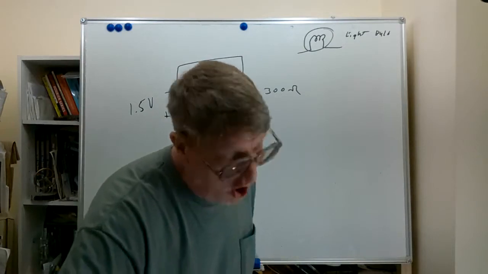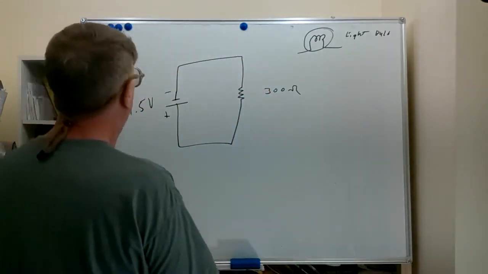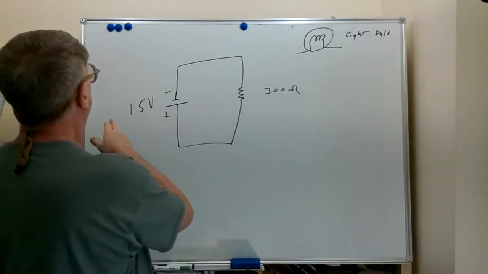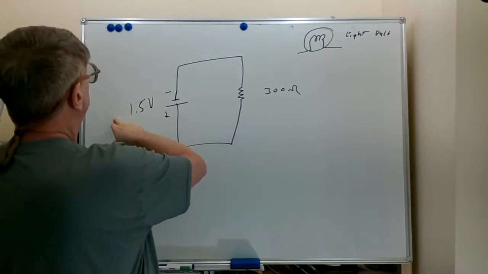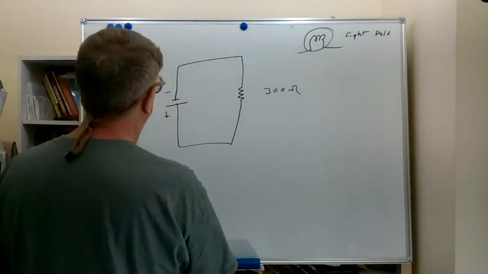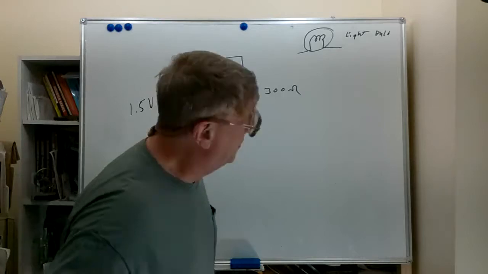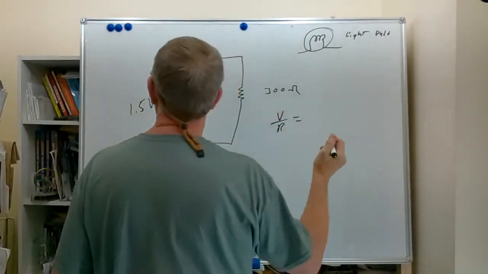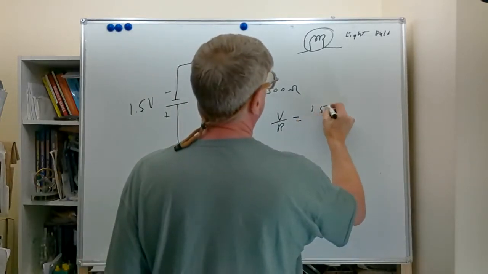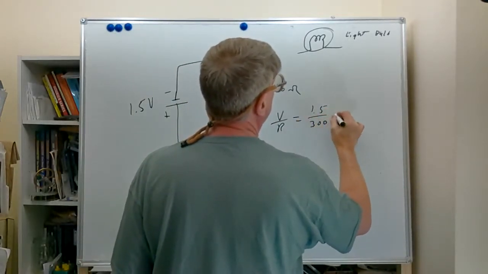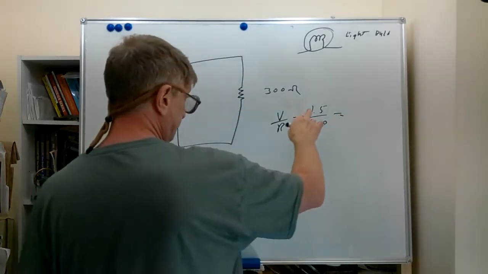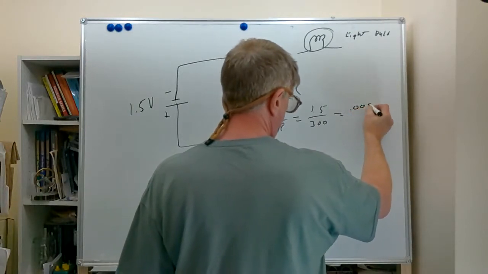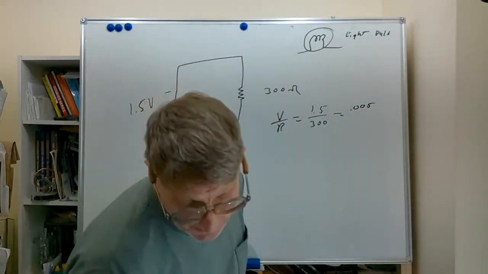This would be a pretty small amount of current with this low voltage and relatively high resistance. When we did the V over R, we'd have 1.5 over 300, and I think that'd be 0.05 amps.